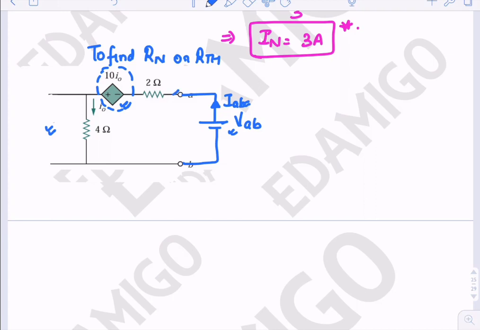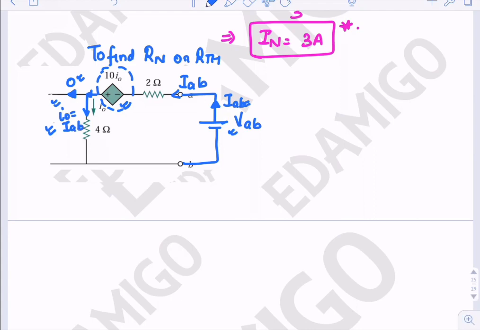So the current here is IAB. Since no current can flow in this branch because it is open circuited, the current I0 here will be equal to IAB.